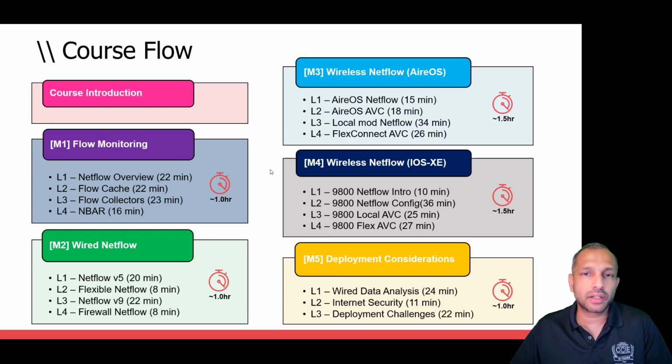That's why in modules 1 and 2, I am giving an overview of NetFlow, NBAR, flow cache, and flow export detail, setting the base foundation for the overall technology. In module 2, I am going into wired NetFlow, and the primary focus is v5 and v9, the Flexible NetFlow, and the prior version, the v5 fixed format. And then I briefly talk about firewall as well, because it is important.